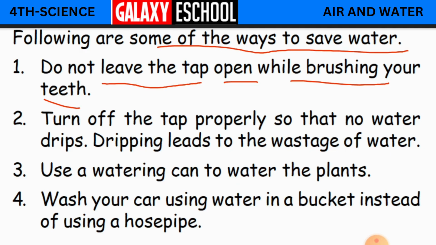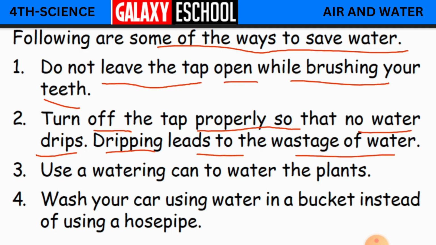Clear, children? And the other one is, turn off the tap properly so that no water drips. Dripping leads to the wastage of water. Sometimes we close the tap, but you can still see small drops of water leaking from the tap, slowly one by one.